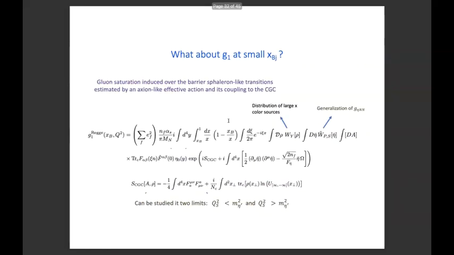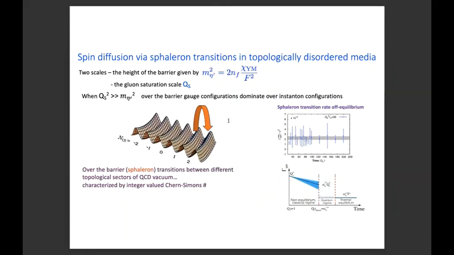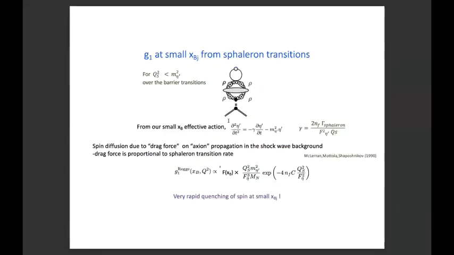That results in a drag on this axion, which is the eta prime, in this background field of all these dense gluons. And this drag coefficient is nothing but the sphaleron transition rate. So the bottom line is that if you measure this G1 polarized structure function at small x, it is very rapidly quenched as you go to small x, and from this quenching you can extract the principal information on the sphaleron transition rate.